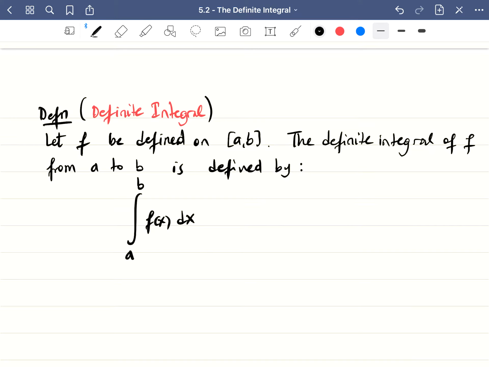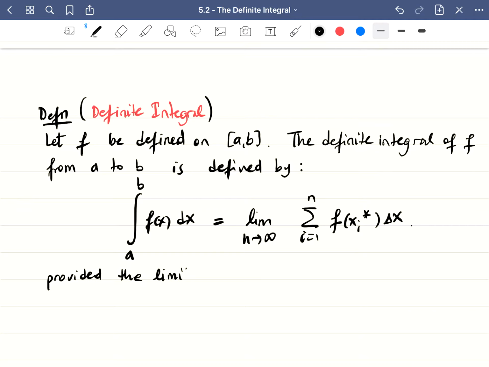This is a definite integral, and it is equal to the limit as n goes to infinity of the Riemann sum. Okay, so this is true provided the limit exists, and if the limit exists, this function f is called integrable on the closed interval a comma b.